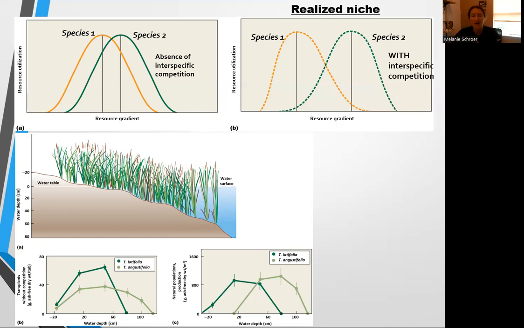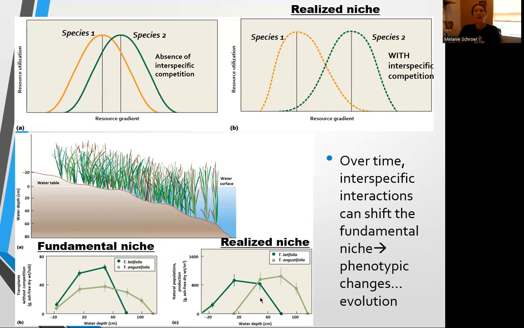Okay, so again, based on the physiology of the plant, both can live in a fairly wide range, but because angustifolia is able to live in deeper water, it is going to survive here and kind of take this part of the range. Okay, and so we can call this like the fundamental niche, right? The physiological niche. This is what they can do independently, and this is the realized niche. In reality, this is what these species are doing.